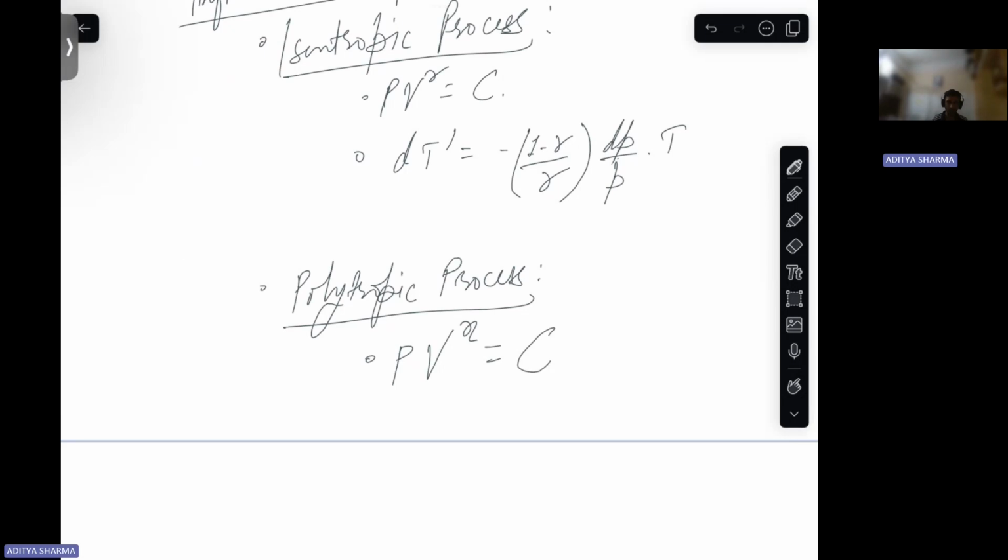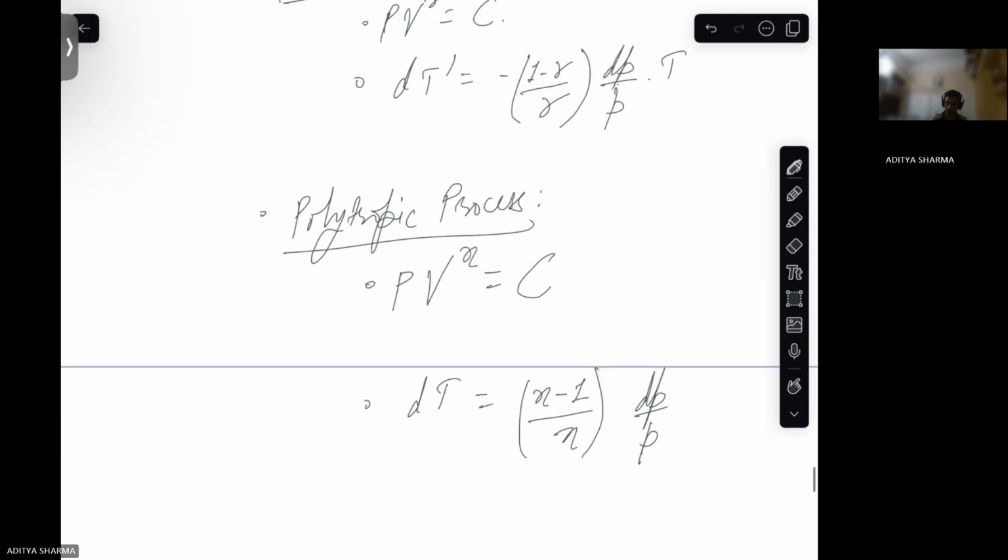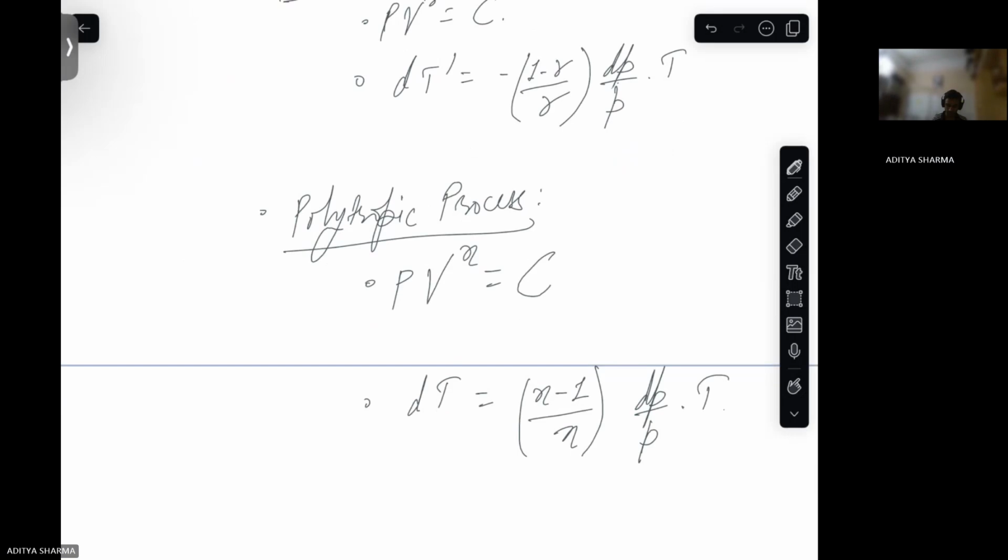In place of gamma, we have n. And here your dT is (n minus 1) by n into dP by P times T.